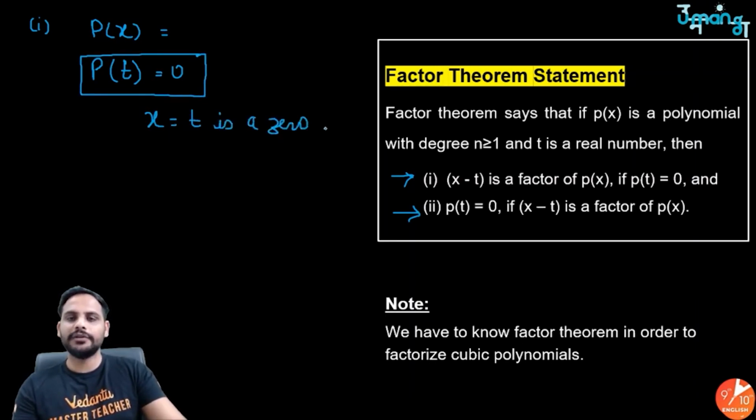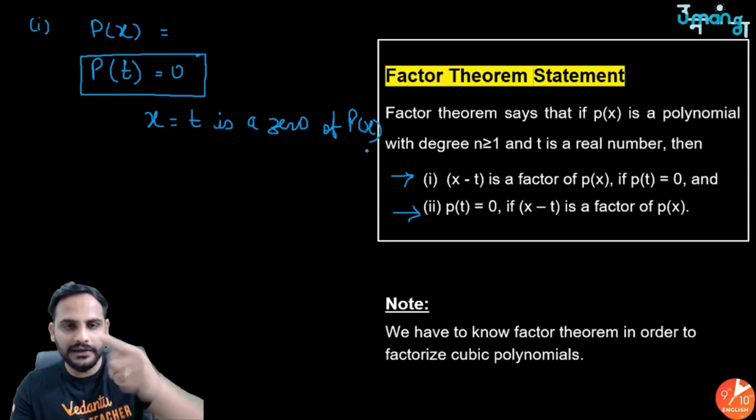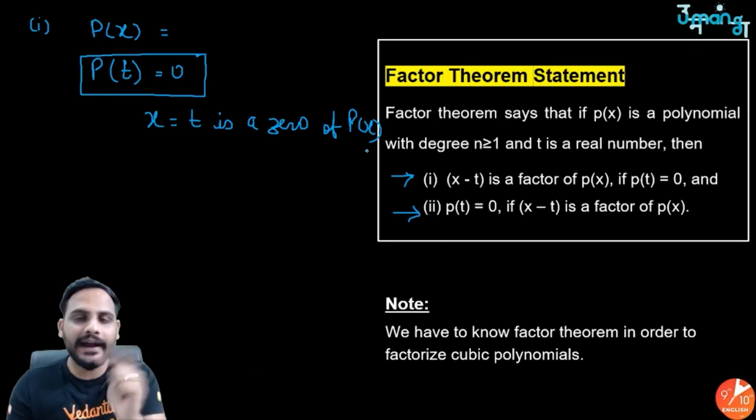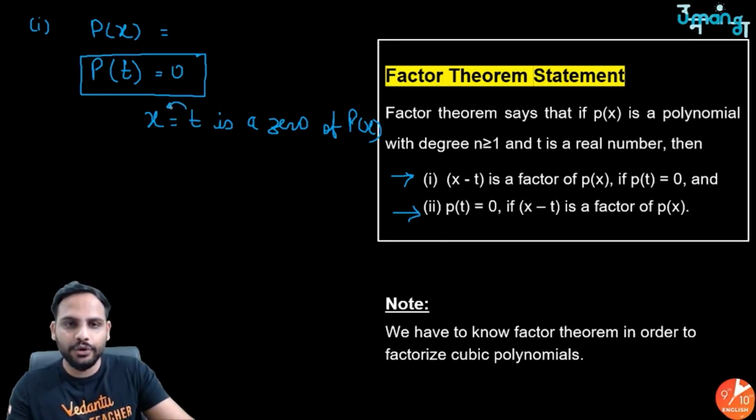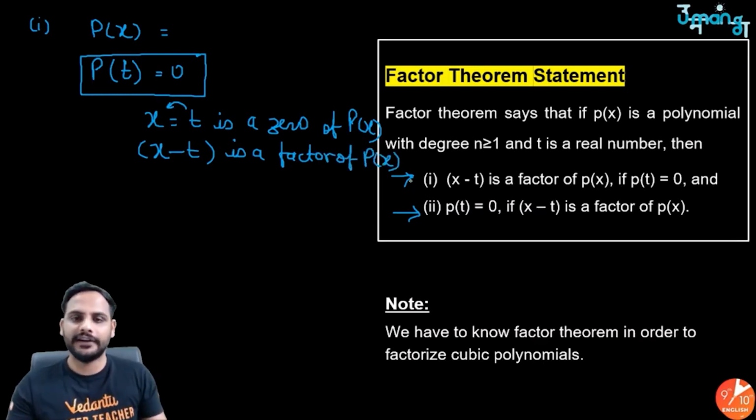Just now I have told. So once you got to know that t is a 0 of a polynomial, how do you convert it into factor? Shift this t over there. So you will get x, t will change the sign, x minus t is a factor of p(x). x minus t is a factor of p(x).